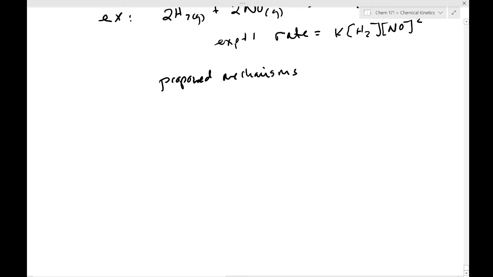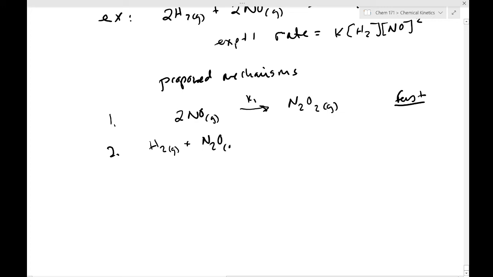Okay, so the proposed mechanism we have is step number 1. We react 2 NO gas molecules together with some initial rate constant, K1 we'll call it, to form N2O2 gas. This is a fast reaction. Second step would be the reaction of hydrogen gas with N2O2, sorry, with that intermediate.